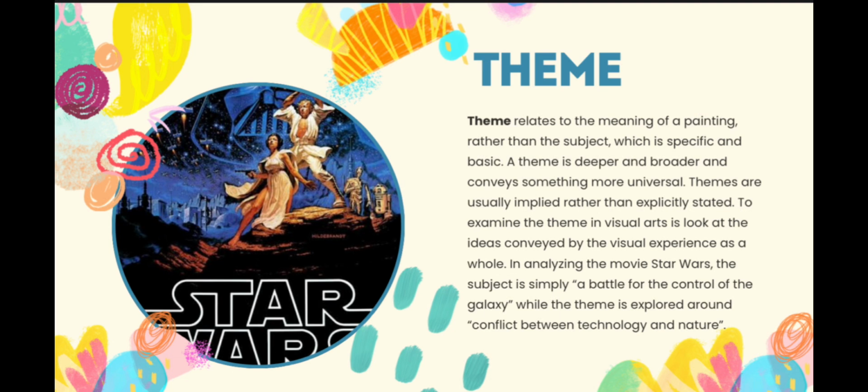To examine the theme in visual arts is to look at the ideas conveyed by the visual experience as a whole. In analyzing the movie Star Wars, the subject is simply a battle for the control of the galaxy, while the theme is explored around conflict between technology and nature.